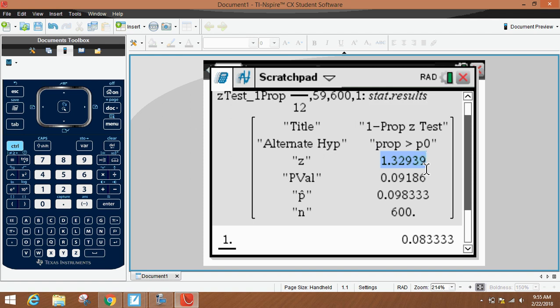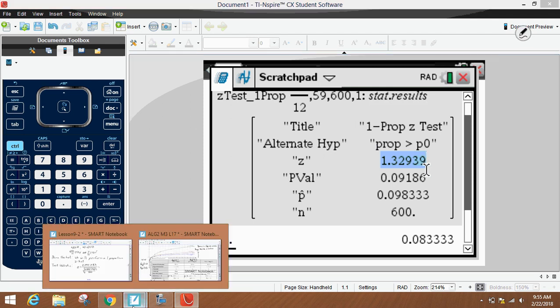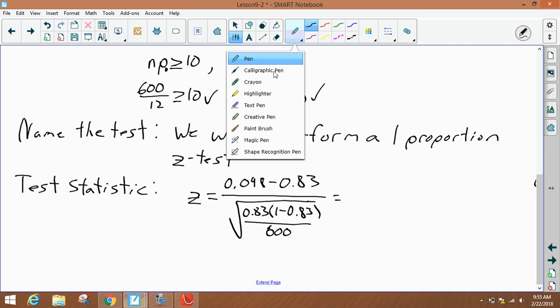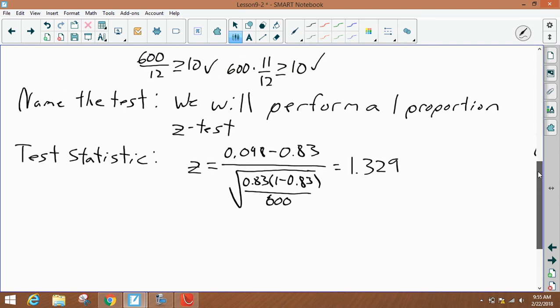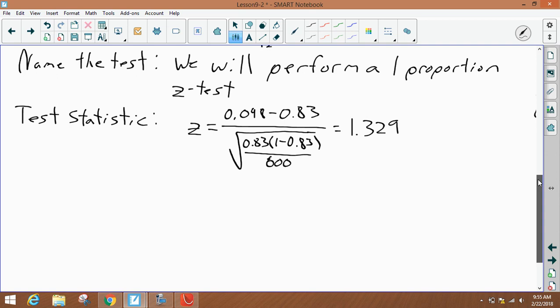So that's why I put it in the calculator right away, because then I'm putting stuff into formulas and then writing down my calculator output. So 1.329. If you wanted to, you could look at the table and figure out where that was, but you've already got probability there.